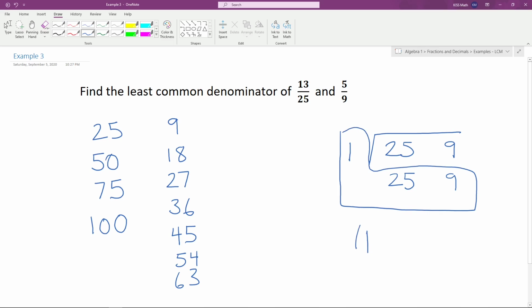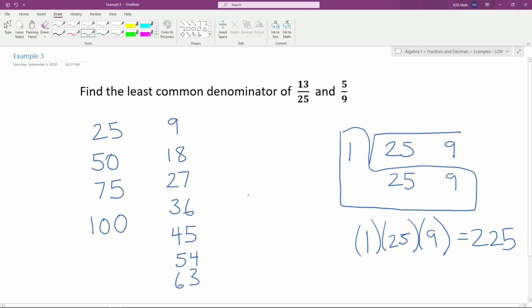And you would just multiply 1 times 25 times 9, which happens to be 225. And so when you have two fractions like this, as a last resort, you can multiply the denominators together to get a common denominator.